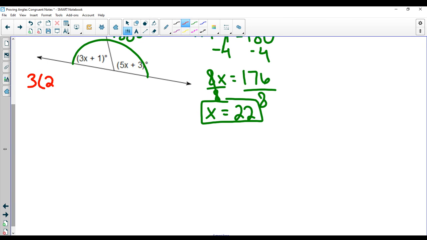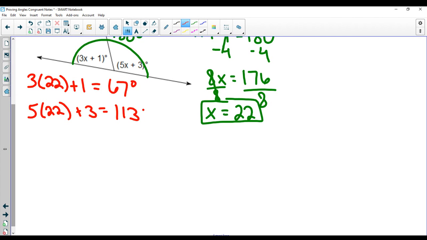So 3 times 22 plus 1, that's going to give me 67 degrees. 5 times 22 plus 3 is going to give me, I don't know right off the top of my head, 113.